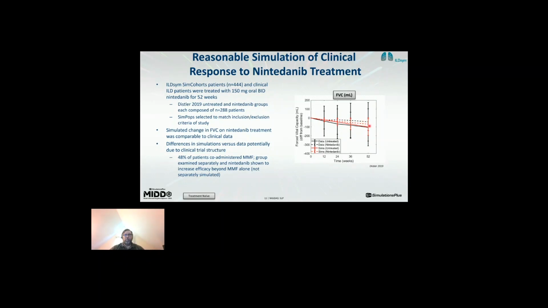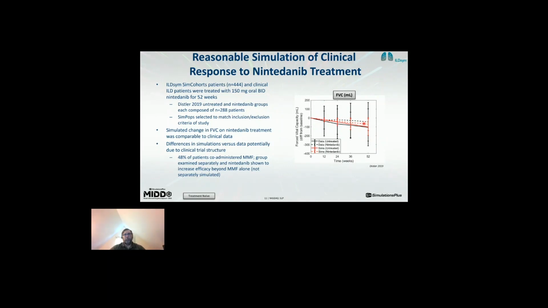Those are the dashed lines, the red dashed line. And we want to see, in general, that by, overall, but particularly by 52 weeks, that we're seeing a similar trend in terms of the difference in FVC from untreated to treated. So nintedanib, we're doing reasonably well, and there are some differences due to co-administration of other drugs that can explain why we're not matching exactly.